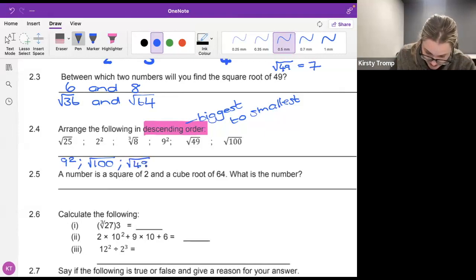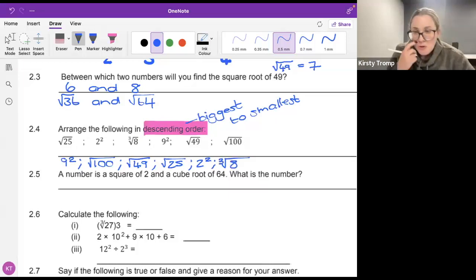You're a rock star. Great. Then the square root of 25. Awesome. And then 2 squared. Good. Well done. And the cube root of 8. Well done. Thank you so much, Tashego.